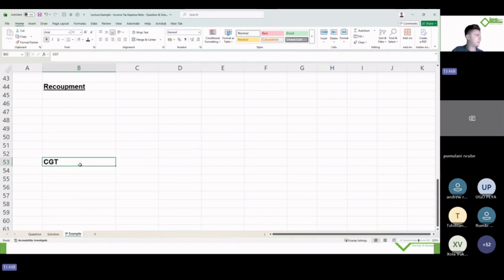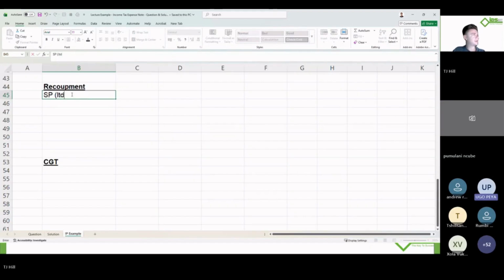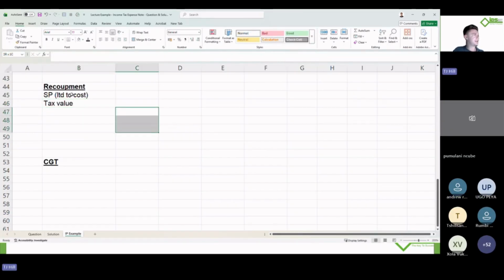Now, I'm sure you are all comfortable with basic CGT. Your recoupment is calculated how? Selling price or sales value less tax base, your tax value. Tax value, yeah.